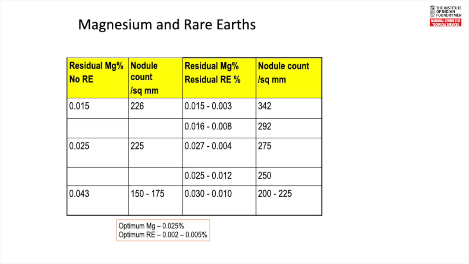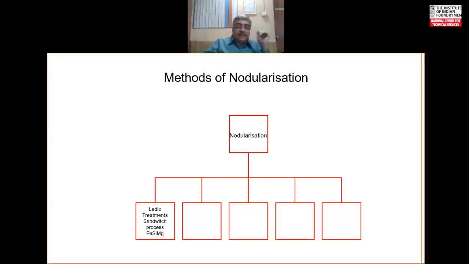What are the different methods of nodularization? It can be ladle treatment done in ladles. Also the sandwich method, we'll look at what this sandwich is, with ferrosilicon magnesium, or use of a converter which uses pure magnesium, or use of a chamber which also uses pressurized neutral gas along with plunging of pure magnesium.